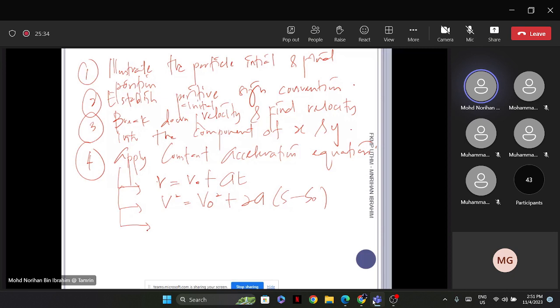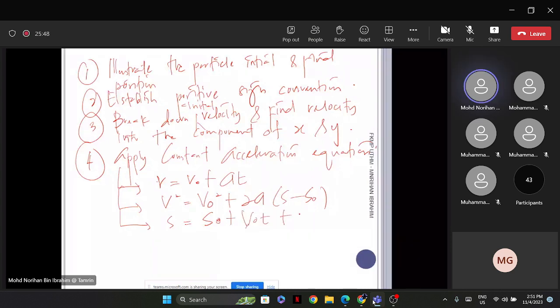And the third one is s equals s naught plus v naught t plus half a t squared. So we apply these constant acceleration equations to the components of x and y respectively. In component x, we apply them based on horizontal motions. In component y, we apply them based on vertical motions.